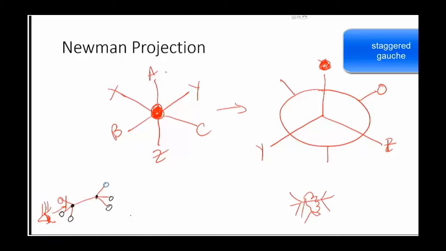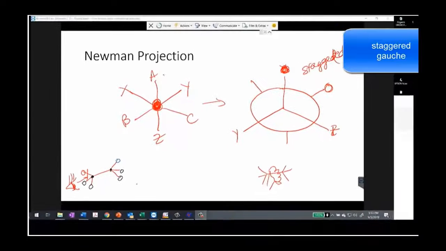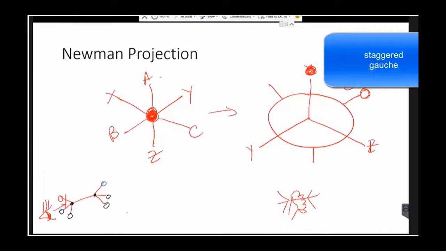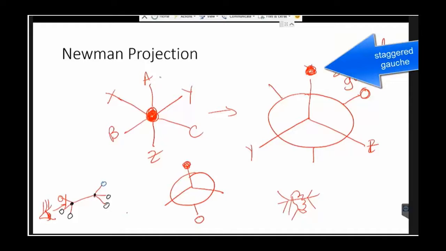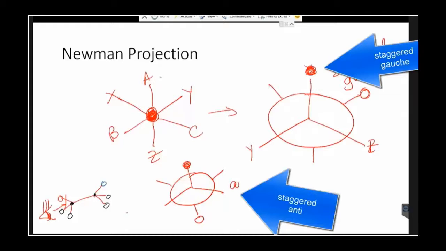So if we have the red, and let's pretend this is a blue, when they're next to each other, we call that gauche. When they're opposite to each other, that's anti.